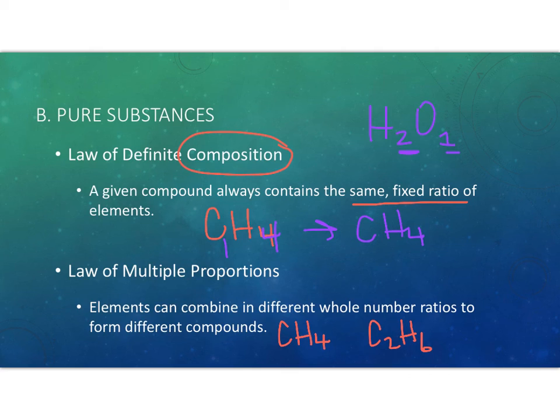Another whole number ratio. This time I have 2 carbon for every 6 hydrogen, and I have formed a different compound. This compound, C2H6, has very different properties than methane, CH4. Same elements, carbon and hydrogen, but different ratios of one element to another. Law of multiple proportions.